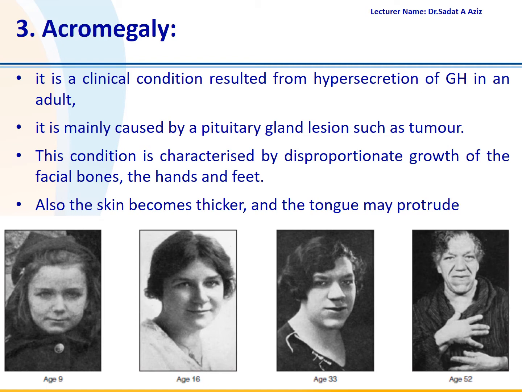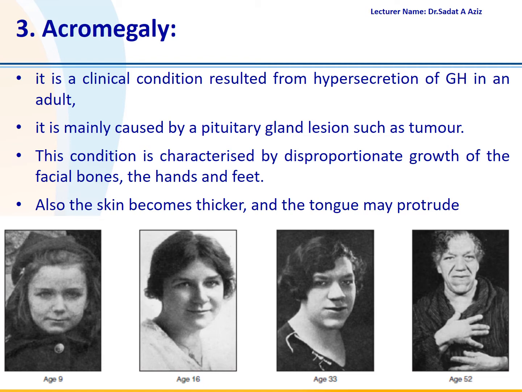When the epiphyseal plate, the cartilaginous part of the long bone which is responsible for long bone elongation, becomes calcified after puberty, the bones have no chance to grow in length.